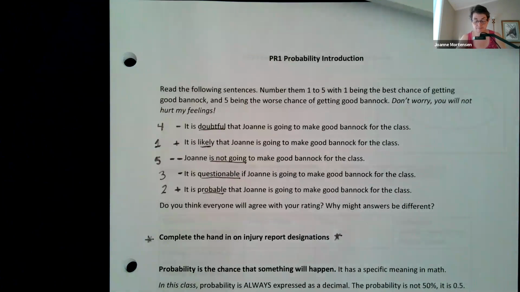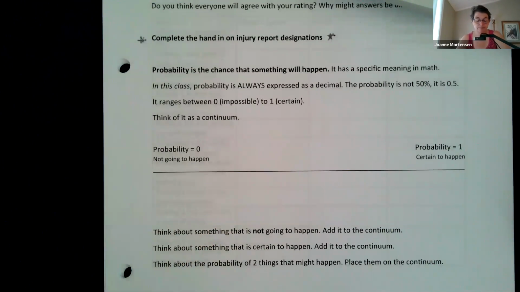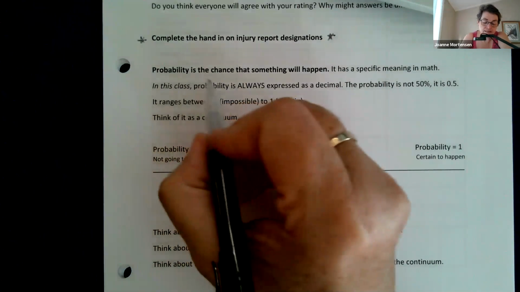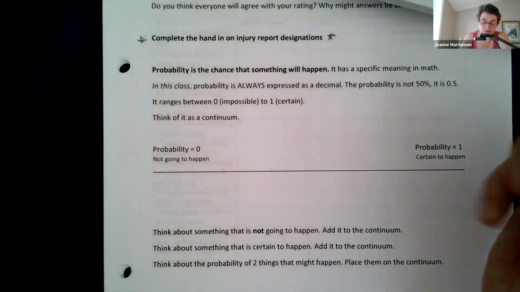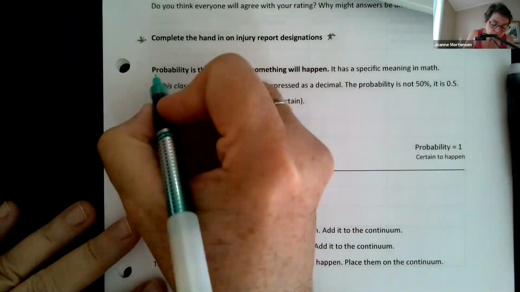All right. So let's get to the more mathy stuff. It's going to take us a while, but it's going to be more mathy at least for a bit. Okay, so by definition, probability is the chance that something will happen. Pause for a sec. Okay, sorry about that. I was hoping I had a highlighter with me, but I don't.